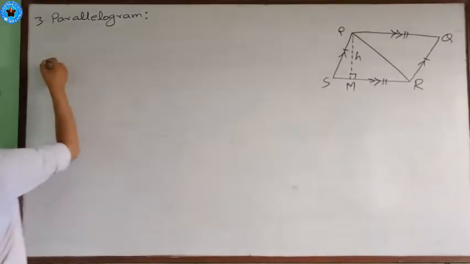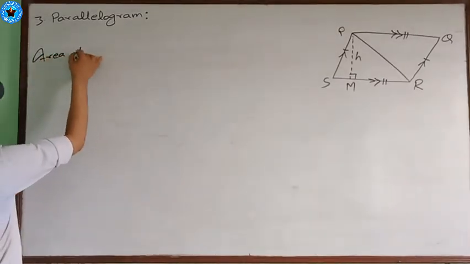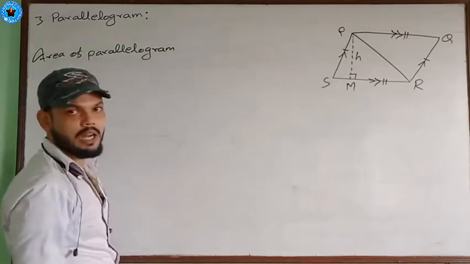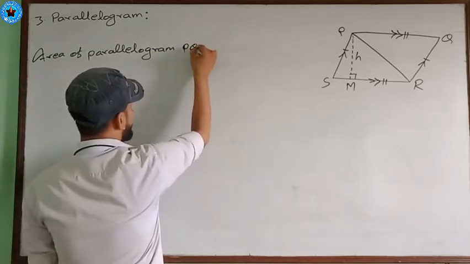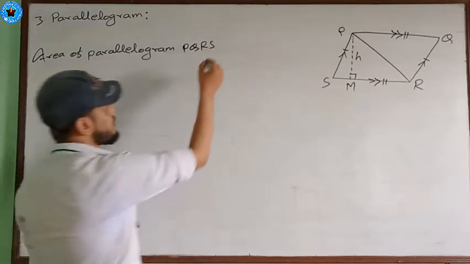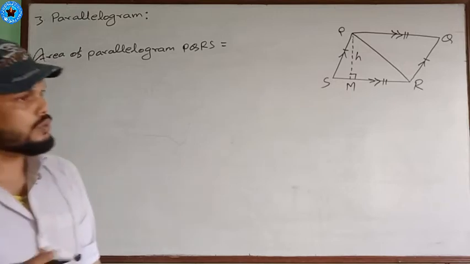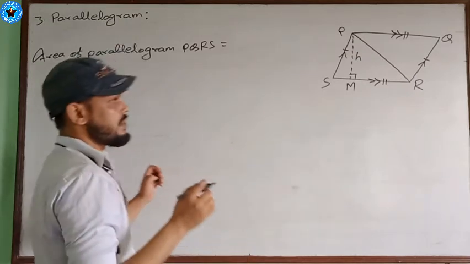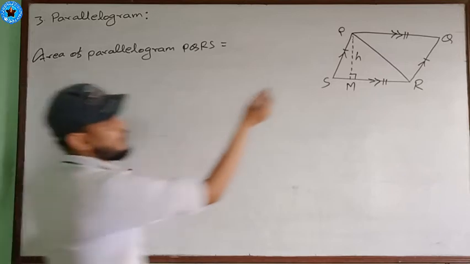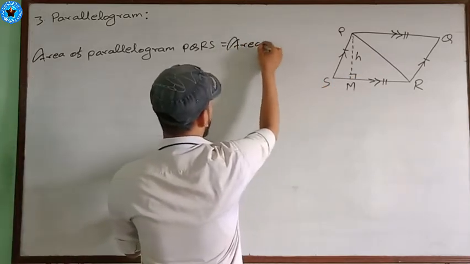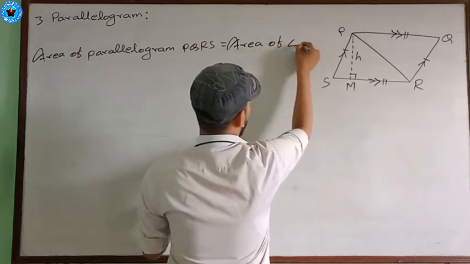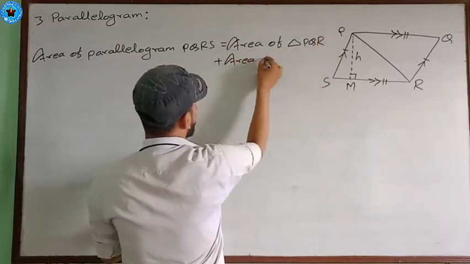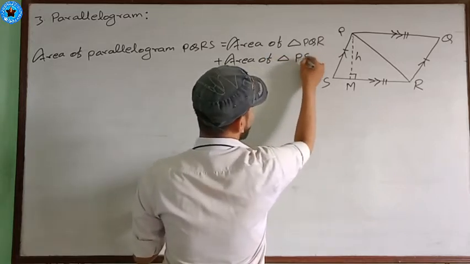Okay. So now, area of parallelogram PQRS equals the area of triangle PQR plus the area of triangle PSR.